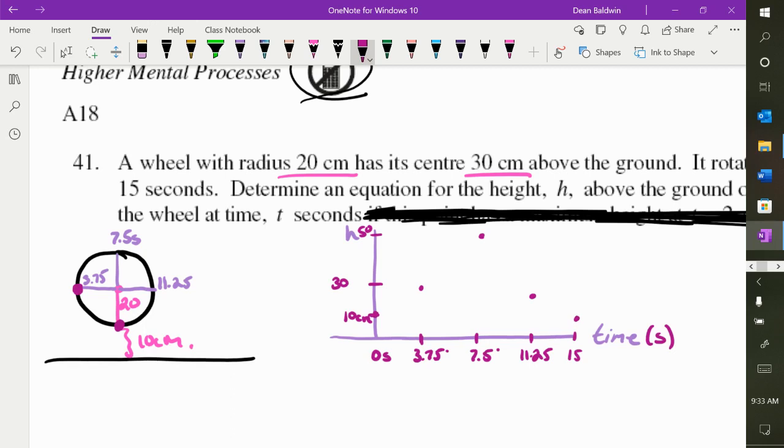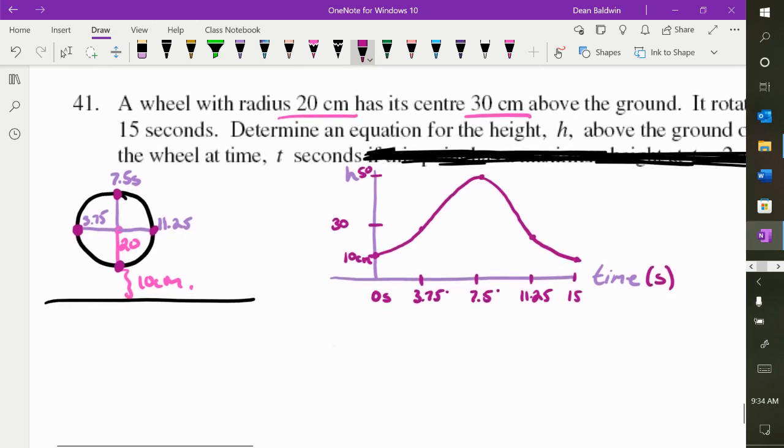You're at 10. You've come all the way around, right? Same thing. So the graph looks like this. There's your graph. We only do the graph for the visual, right? It helps, I think, with the visual. Okay, now you've got a graph.